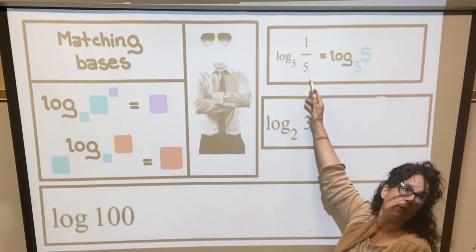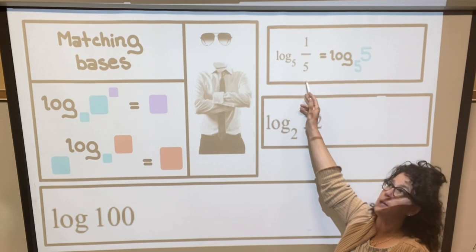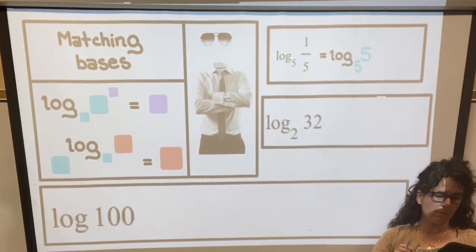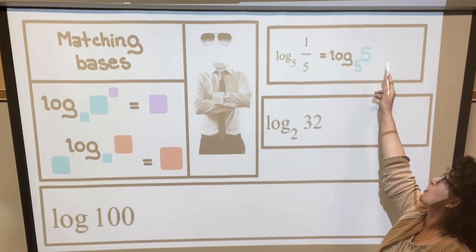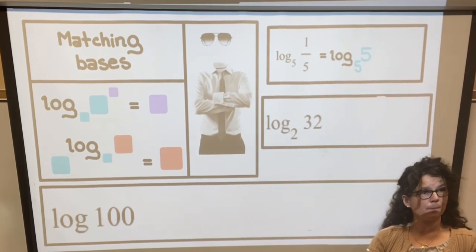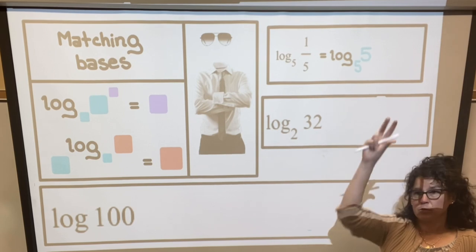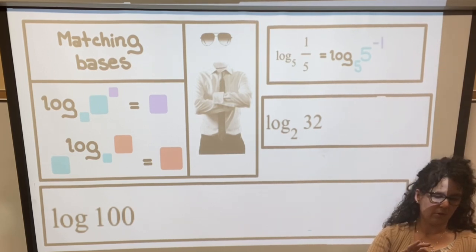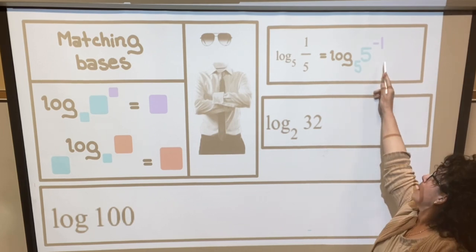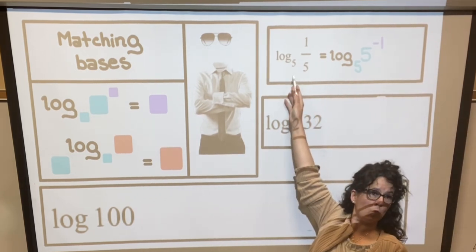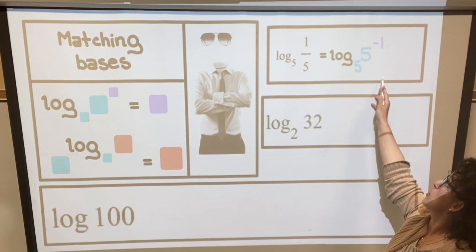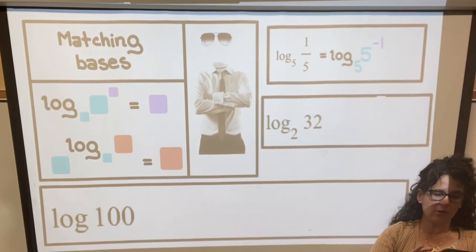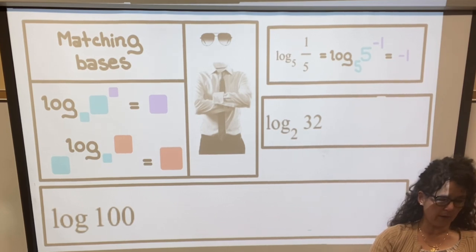So what would 1/5 be if I rewrote it as 5 to some exponent? 5 to the what is 1/5? Just remember how you have a negative exponent. So 5 to the power of -1 is 1/5. These are equal to each other. Since I have matching bases, the answer is -1.